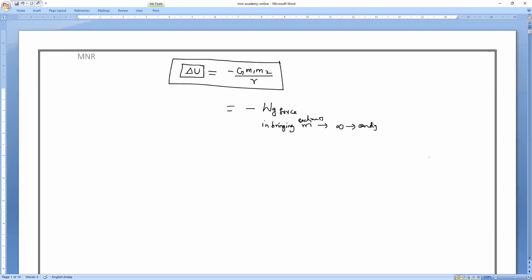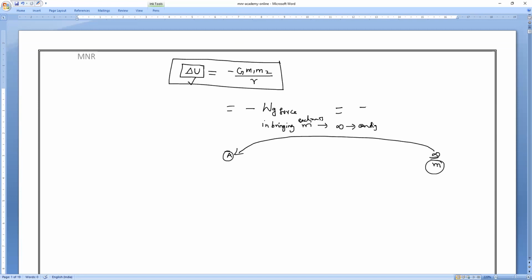If I want to bring a mass from infinity to a particular point, the negative of the work done in bringing the mass m from infinity to A is called the change in potential energy.